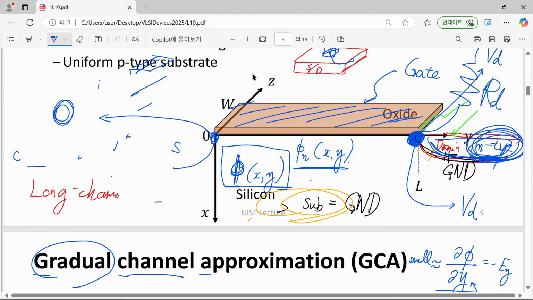And after that, by adopting the gradual channel approximation, we were able to just treat the y variable as a parameter. So instead of solving the complete two-dimensional Poisson equation, we were able to just solve a set of one-dimensional Poisson equations along the x direction for several y values. That was our achievement.